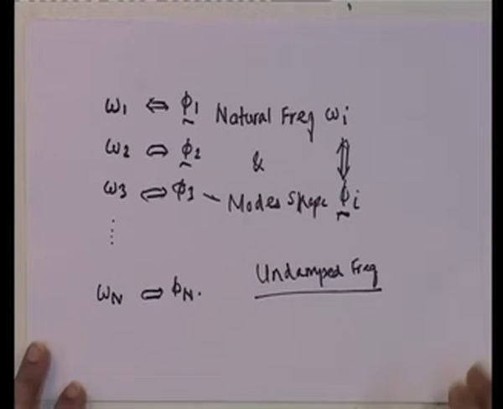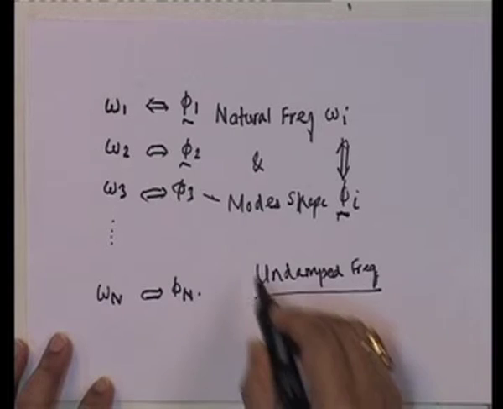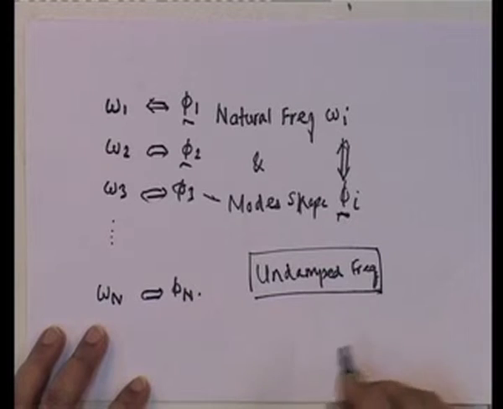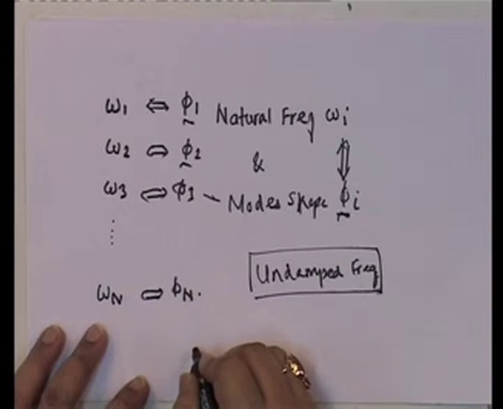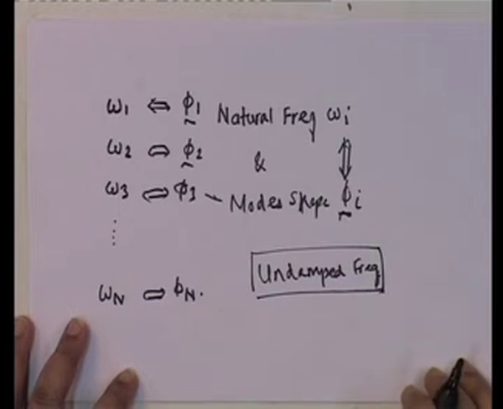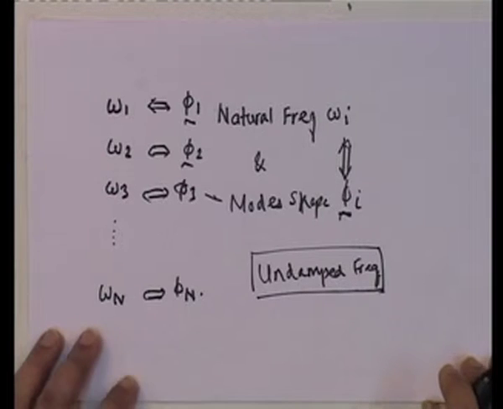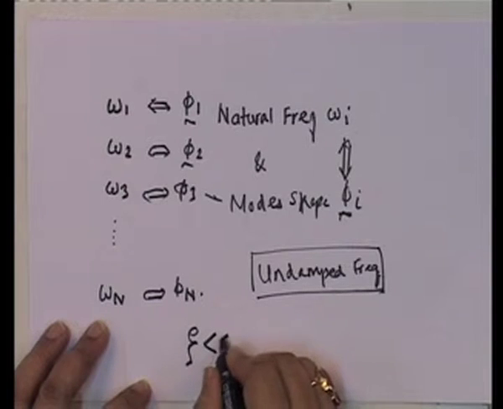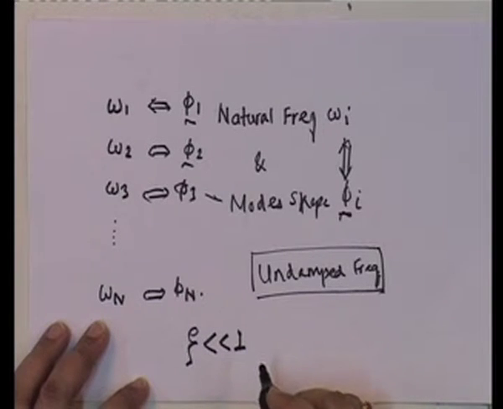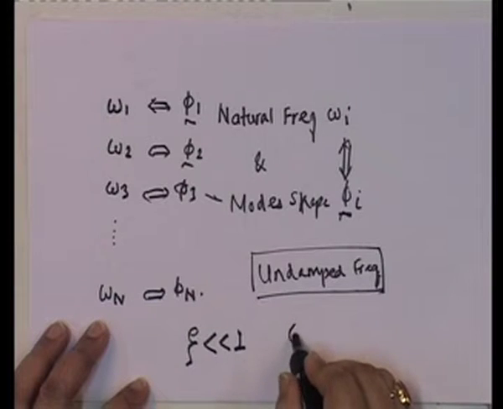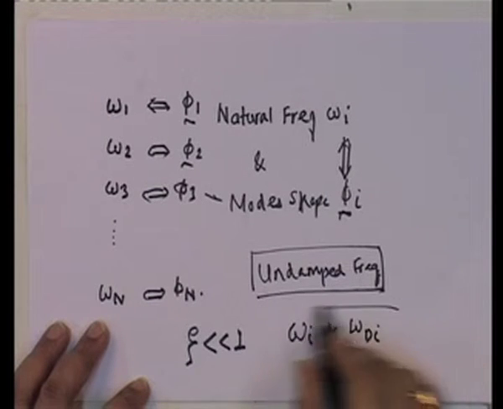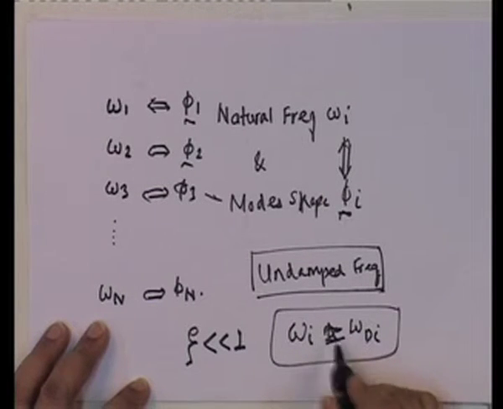And the issue then becomes, why are we spending so much time in getting undamped frequency? That is because we accept here that since we are looking only at multi-degree of freedom frame problems, therefore, the basic fact is that for these damping is significantly less than 1, and therefore, omega i and omega d i are practically the same.